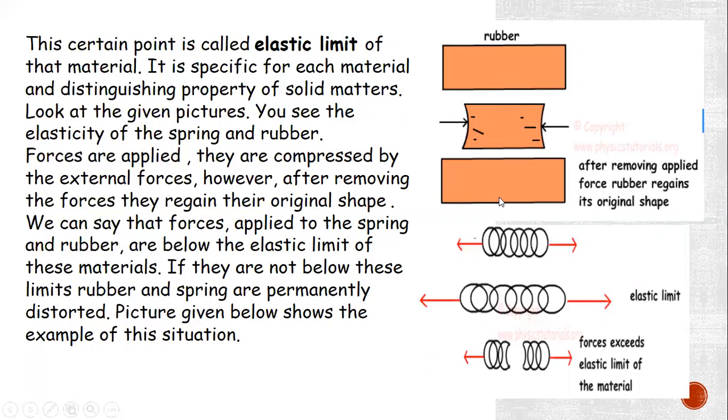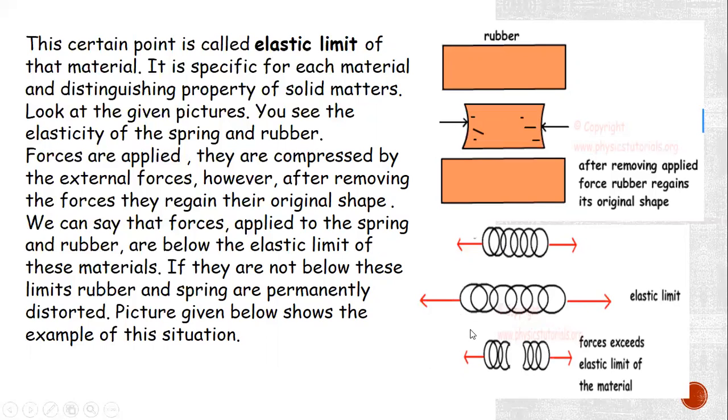There is a change in shape, and if we go further beyond it, it may break, or be permanently distorted. For instance, if this is a spring and you apply a force, there is an elongation, and this elongation is within the elastic limit. If you further apply the force, there is a change in the shape of the spring.